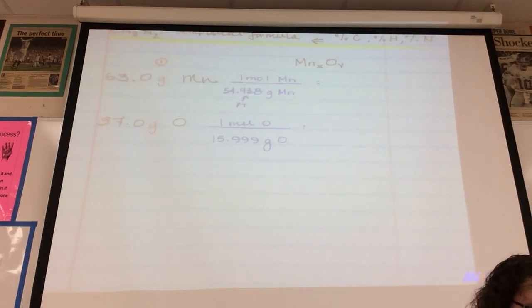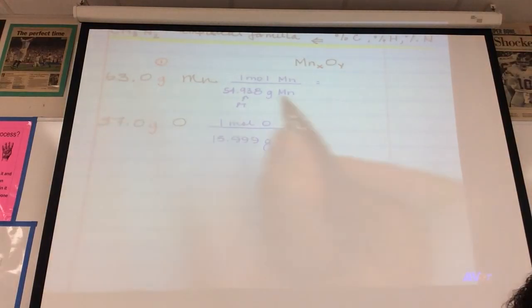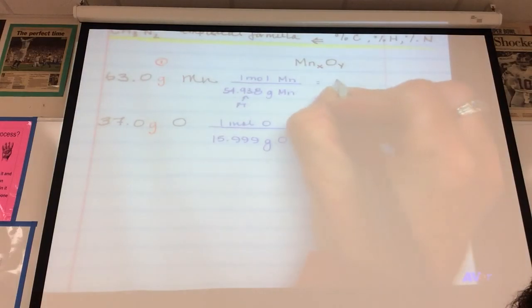So you have 63 divided by 54.938. Watch your sig figs here. You're given 3, stay with 3. And that's 1.15 moles of manganese.